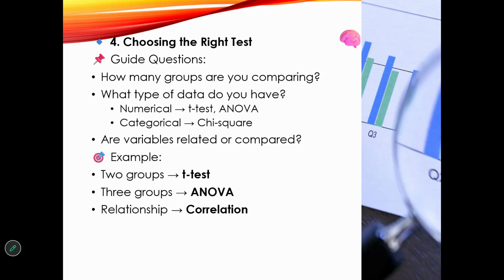Are variables related or compared? For example, if you have two groups, you will use t-test. If you have three groups or more, you will use ANOVA. And if you are looking at the relationship between variables, you will use the correlation test.